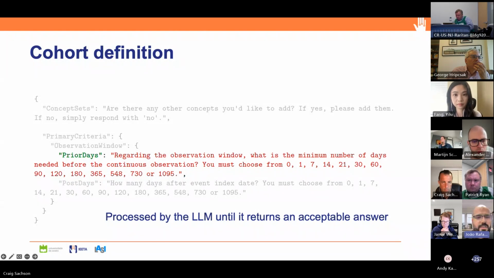We use regex, and the user provides the answer, and then we validate this answer until it is one of the available options. While the user does not answer properly, the large language model proposes new questions until we get an answer. When we get the right number for prior days, then we skip to post days, and so on.